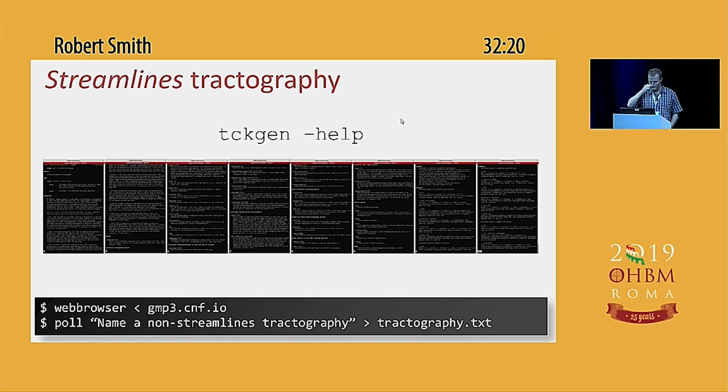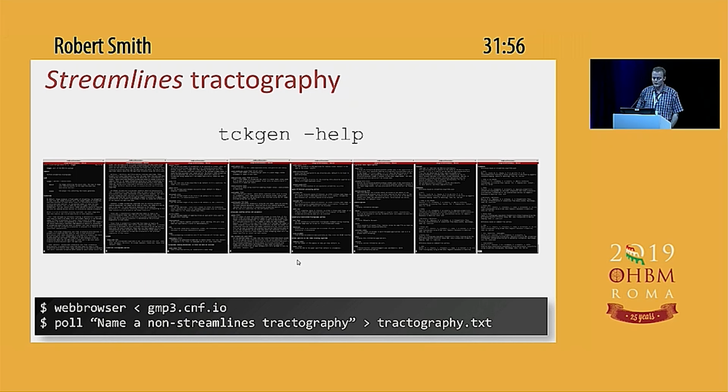Now, just to demonstrate the hidden complexity within here, in the MRtrix3 software, we have a command called tckgen. This is for generating tracks, i.e. doing streamlines tractography. And what I've done here is I've simply queried the software for the help page of this particular command. And what you can see here is the total printout of the help page of this command.